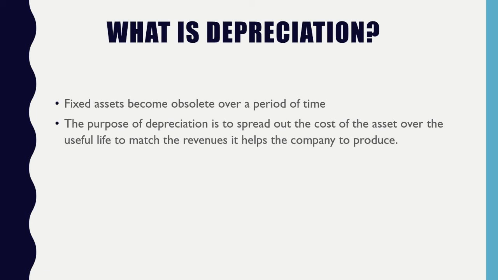So, what does that even mean? Well, as you guys know, right? When we make purchases of our fixed assets, what happens over time when you utilize the item? What happens when you use the item? It loses value. It loses value, but what else happens too?